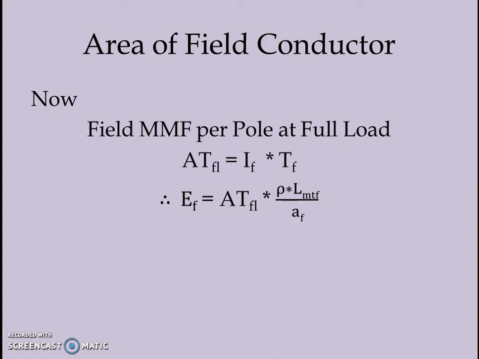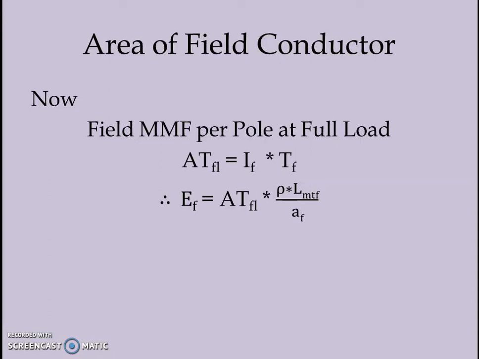ATFL, the field MMF per pole at full load, is known. Rho is known. LMTF, the length of the mean turn, we have calculated. So the only unknown quantity is the area of the field conductor, AF.